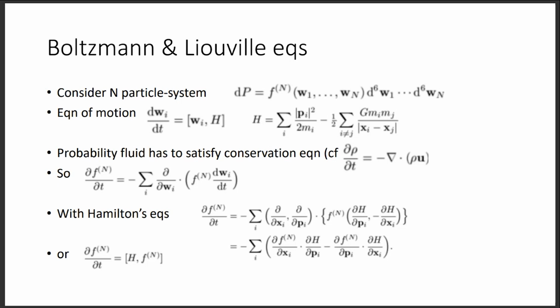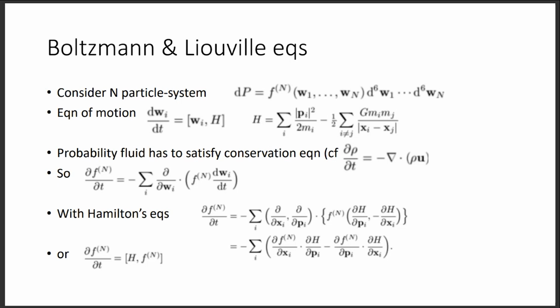So again, W stands for Q and P, or X and P. We've got a function of N phase space coordinates, which when multiplied by the tiny volumes around each phase space coordinate gives us the probability of the system's configuration lying in this volume.